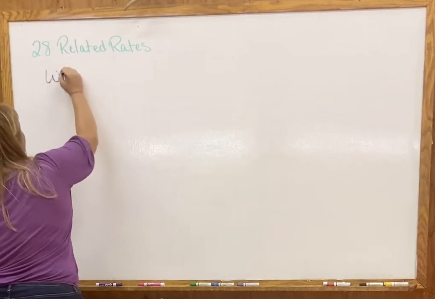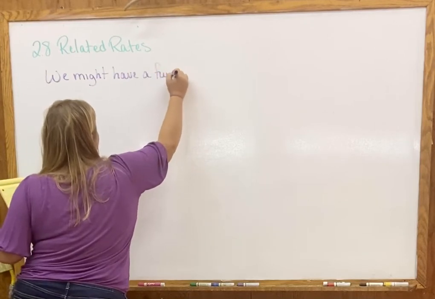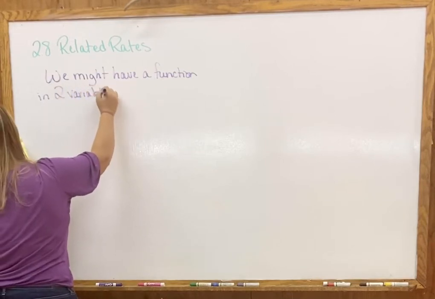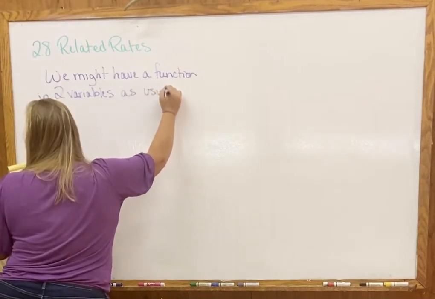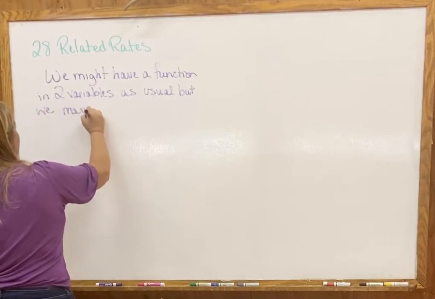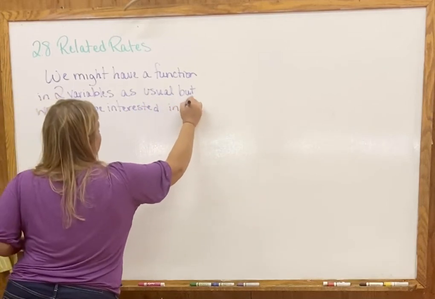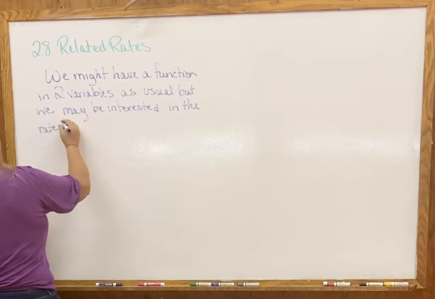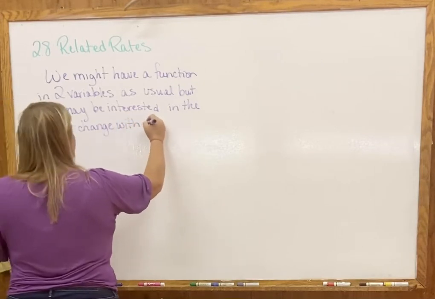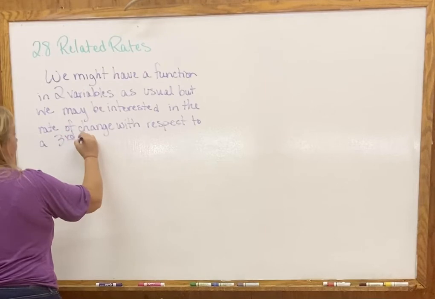So this says, we might have a function in two variables as usual, but we may be interested in the rate of change with respect to a third variable.